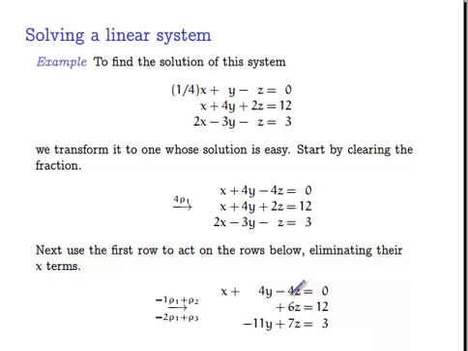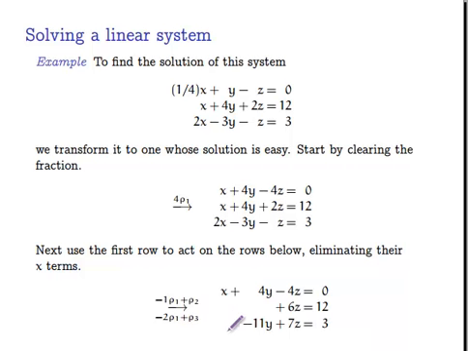Okay, so in this way I have simplified the second row to eliminate the x term, and in fact in this case I've eliminated the y term as well. Right? If I go to the last row, similarly I can eliminate the x term from the last row by subtracting 2 times row 1 from row 3. And that's what this operation indicates. Row 3 minus 2 times row 1.